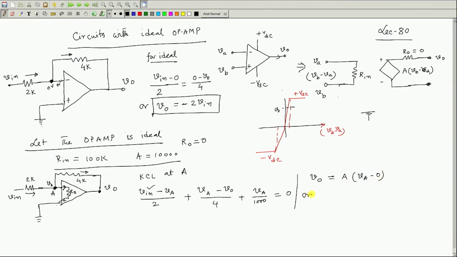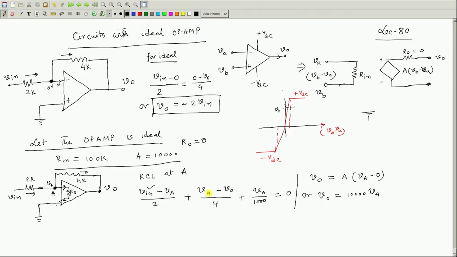Now, what is these things? V naught is equal to A, I have been told that A is 10,000, into VA. This is what has been given to me.